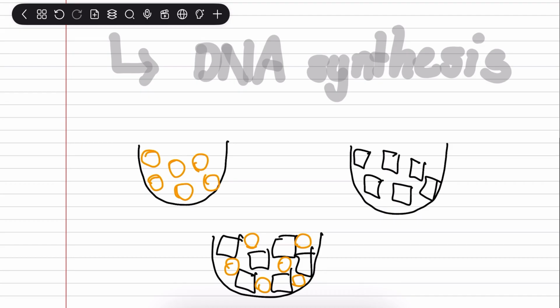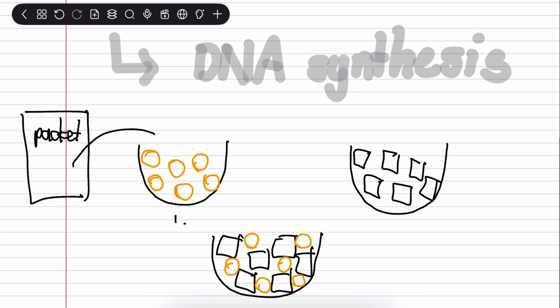in another bowl, so that if I got a new packet of peanuts and raisins, from the packet for the first one, I would only take 6 peanuts, and from the packet I would only take 6 raisins.